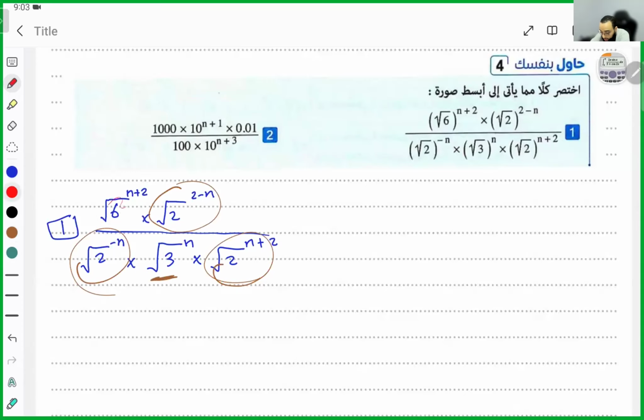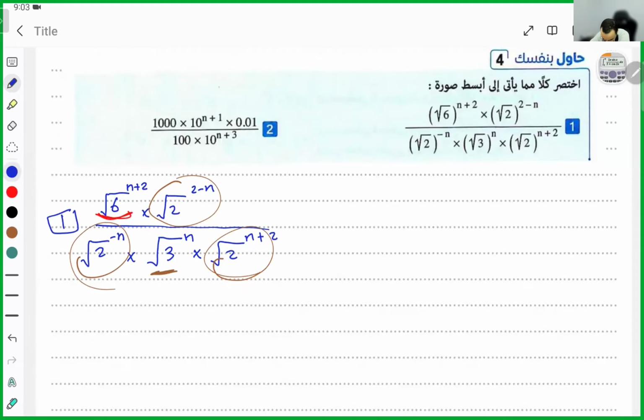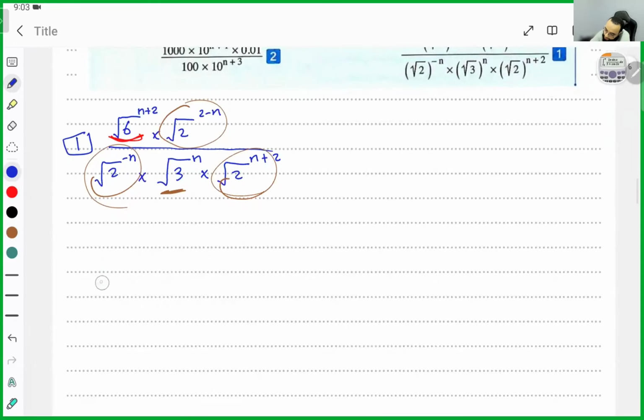So you can decompose the 6 into 2 times 3, in case the question will be only root 2 and root 3 together. So I write instead of root 6, root 3 power of n plus 2 times root 2 power of n plus 2. Beside it, root 2 power of 2 minus n.